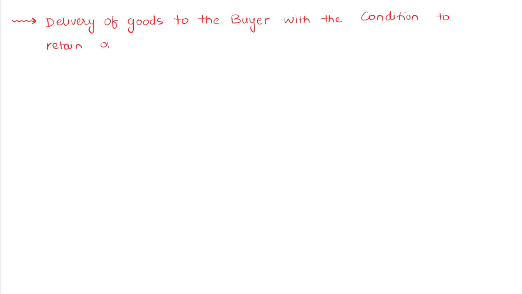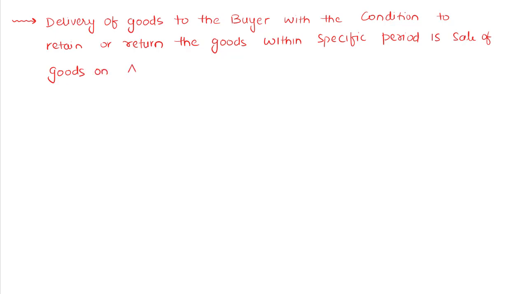Kindly do the notings. Delivery of goods to the buyer with the condition to retain or return the goods within a specific period is sale of goods on approval or return basis.